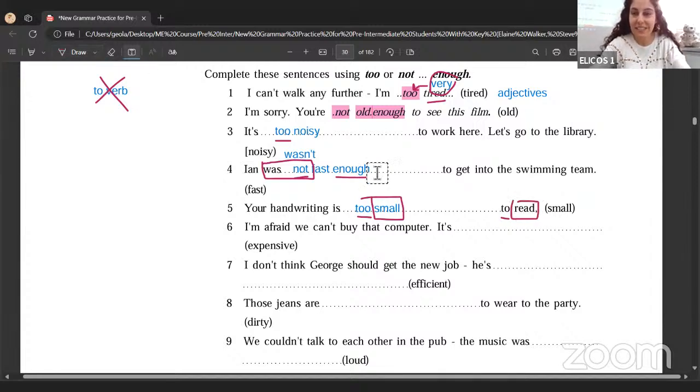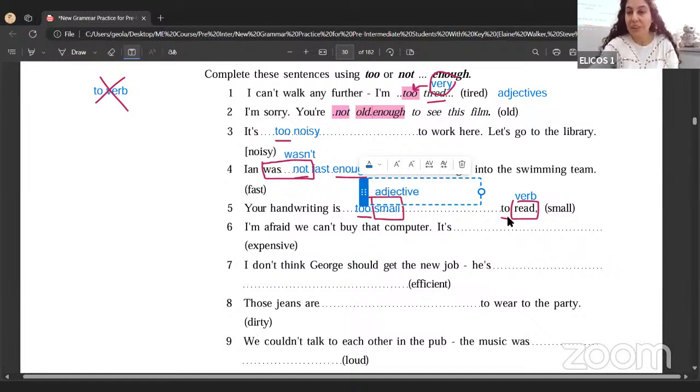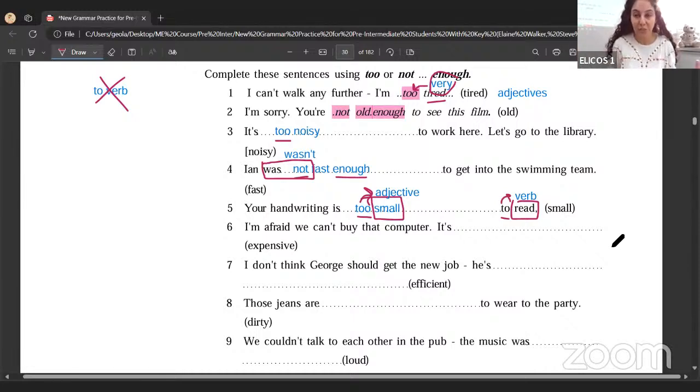So remember, this is how you know if you need to put a too or a to. The too always goes before the adjective, and the to always is connected to a verb, an action word, to read, to study, to play, to dance.